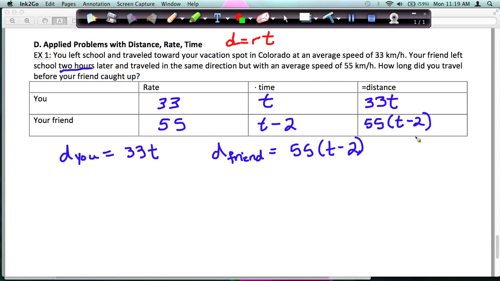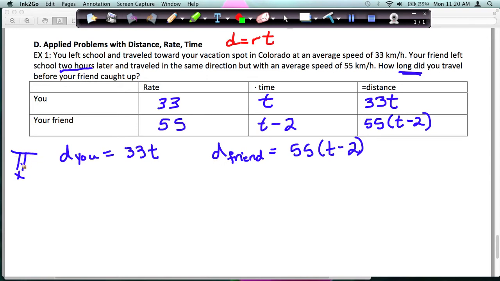So all I've done is set up all the information that I was given in that problem. I now want to solve for time because it says how long did you travel? That means I'm looking for time. So here's where you kind of have to visualize: we both start from the same point, but I'm traveling slower and my friend's traveling faster, and I'm asking when we meet up.